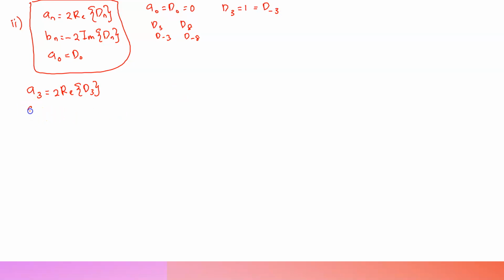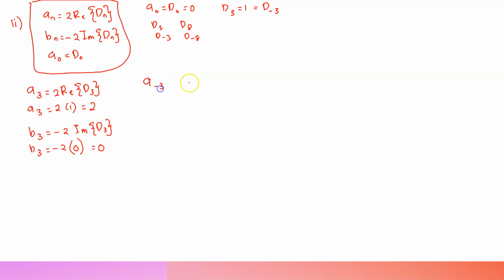Here d3 only has a real part, which is 1. So multiplied by 1, you have 2. b3 equals minus 2 times the imaginary part of d3. d3 doesn't have an imaginary part, so multiplied by 0, it equals 0. So a3 equals 2, b3 equals 0.